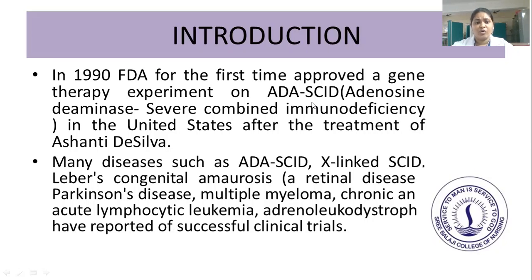Many diseases such as adenosine deaminase deficiency and severe combined immunodeficiency, X-linked disease, Leber congenital amaurosis, a retinal disease, Parkinson's disease, multiple myeloma, chronic and acute lymphocytic leukemia, and adrenoleukodystrophy have reported clinical trials.